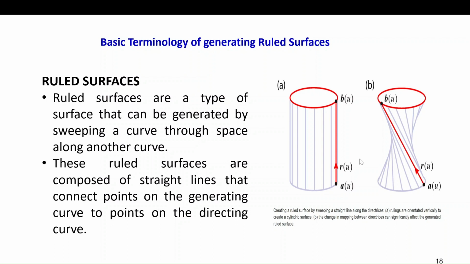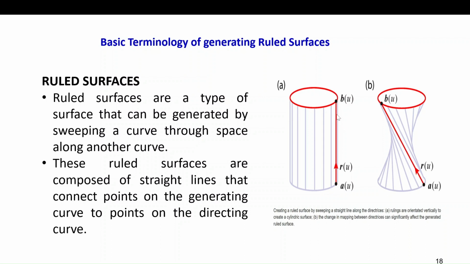And after sweeping the straight line along the circle, the ruled surface that is obtained is represented in figure B. So the straight line that we are sweeping is the generating curve, and the figure that is constant and along which the other curve is swept is called the directing curve.